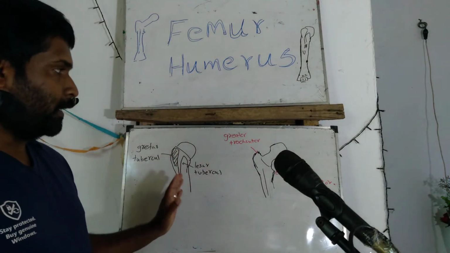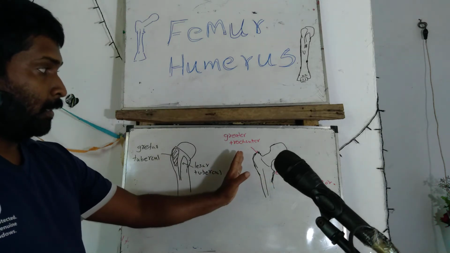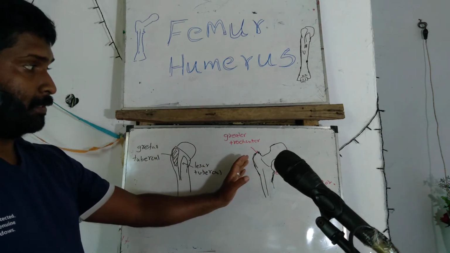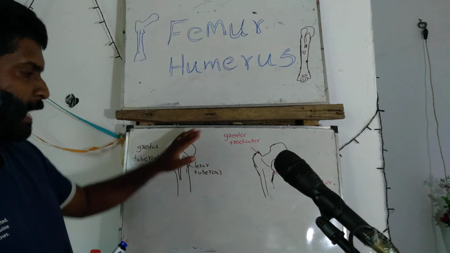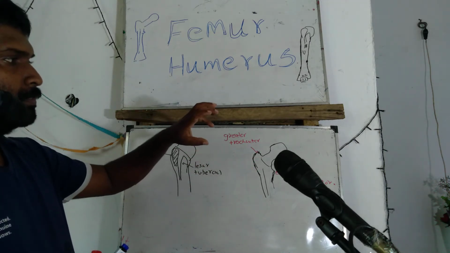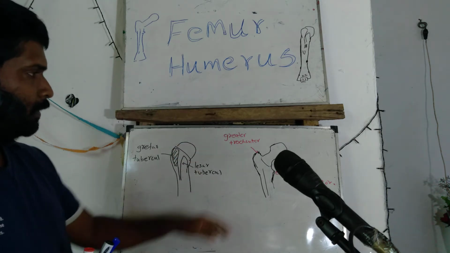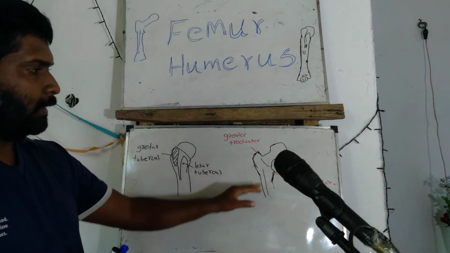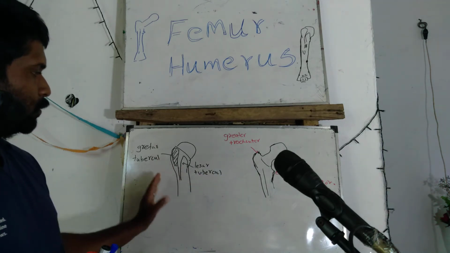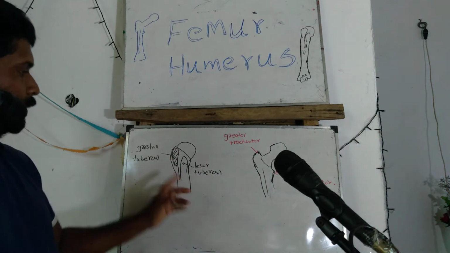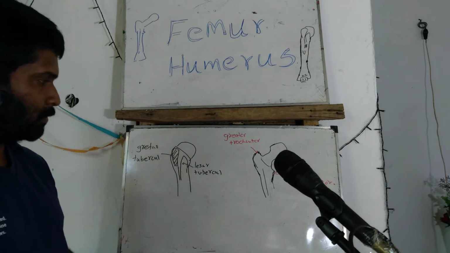Now get a proper idea. A trochanter is a mountain-like height area. A tubercle is a smaller lump-like height area. There are two trochanteric areas of the femur. There are two tubercles of the humerus head.